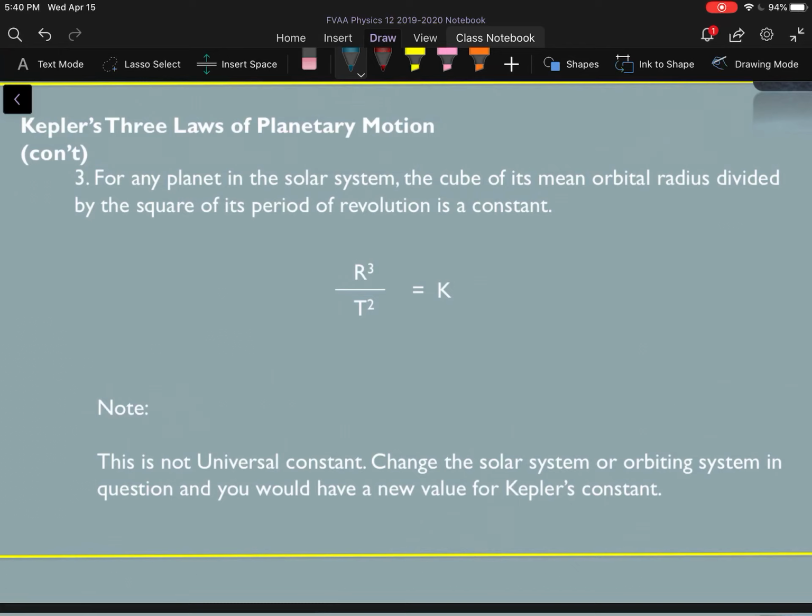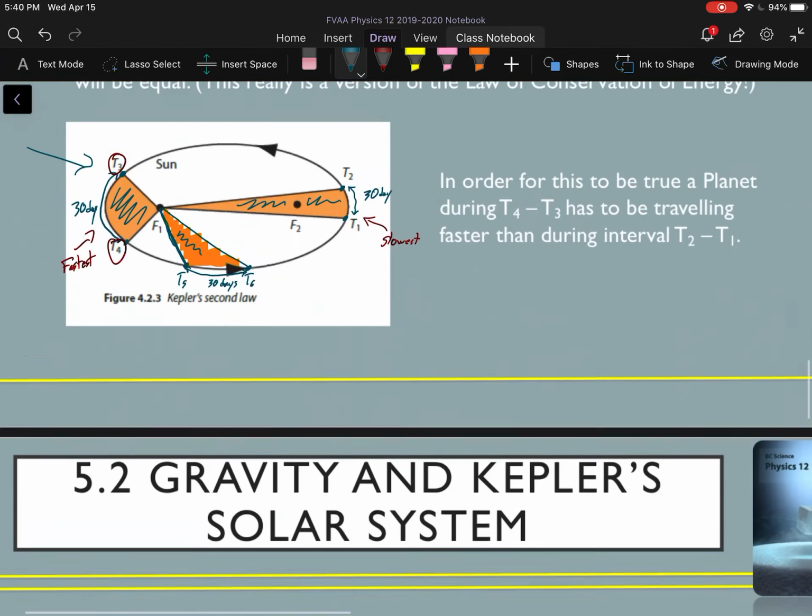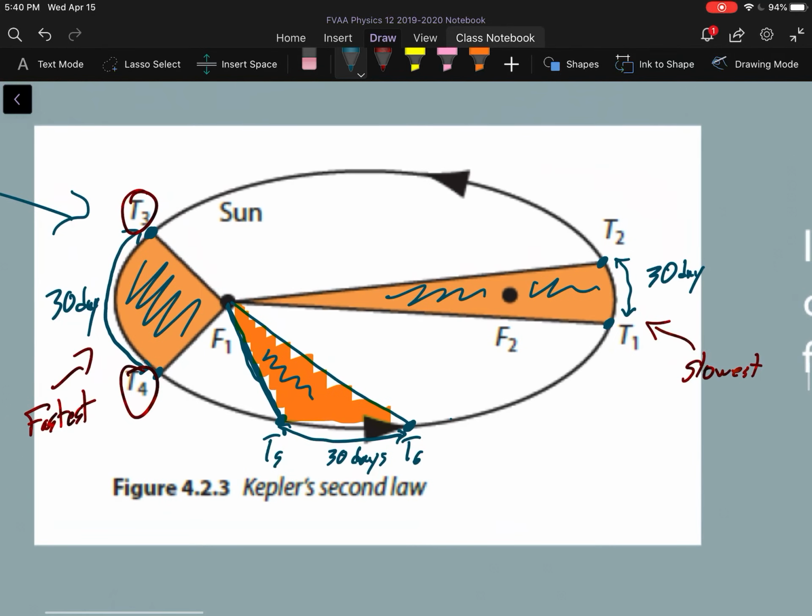Kepler's third law of planetary motion states that for any planet in a solar system, the cube of its mean orbital radius, so that's average orbital radius. The reason why we use mean or average orbital radius is because if we acknowledge that an orbiting object has an ellipse shape, you can see that the distance between the sun and any planet is not going to be the same the whole time, right?